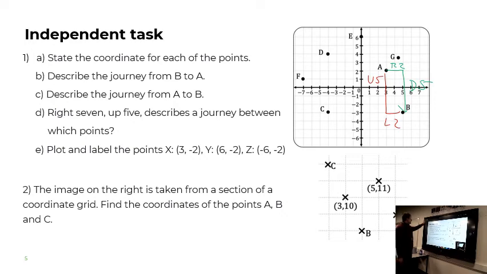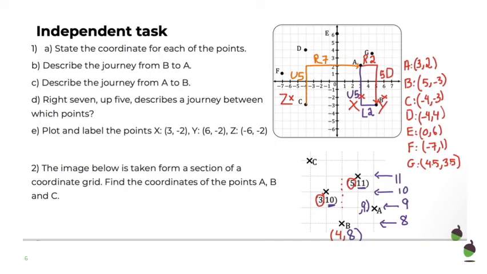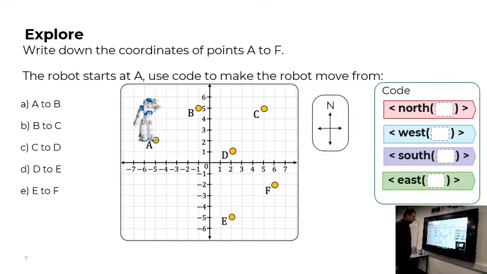Here are the solutions. To answer this question, we need to find the coordinates from A to F, and then we need to use code to describe what the robot is doing. Let's look at the first question. This is A to B. The coordinates for A are negative 5, 2. The coordinates for B are negative 1, 5.